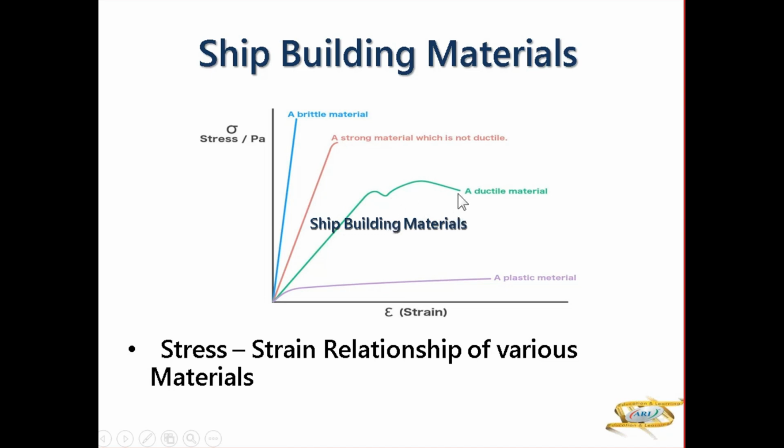Here is a ductile material which is fracturing after UTS, and here the plastic material is being stretched and the gradient is hardly anything. So the area under this will be very less. Maximum area will be under the ductile one, and that's why this material is very tough, because maximum area will be under the stress strain curve of a ductile material.